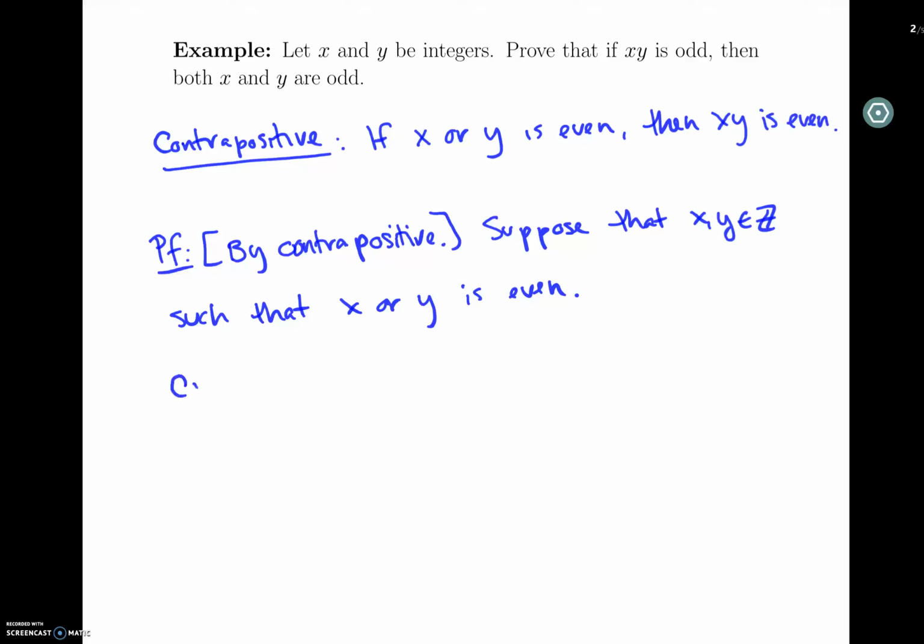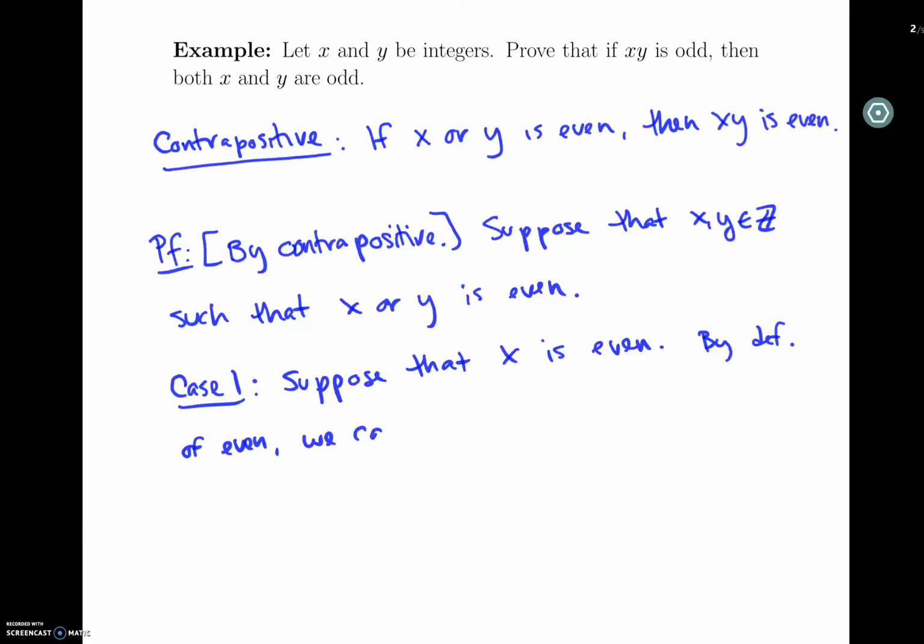So let's consider case 1. And we'll suppose that x is even. By definition of even, we can write x equals 2k for some integer k.